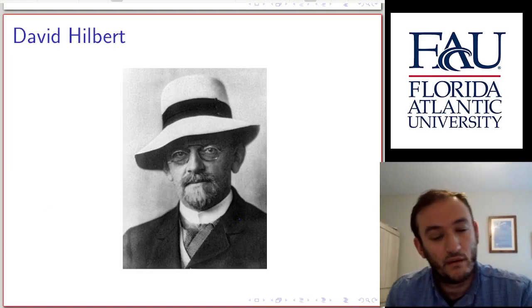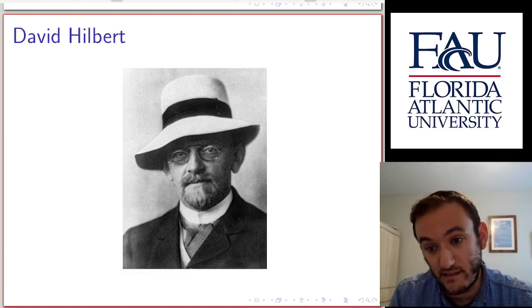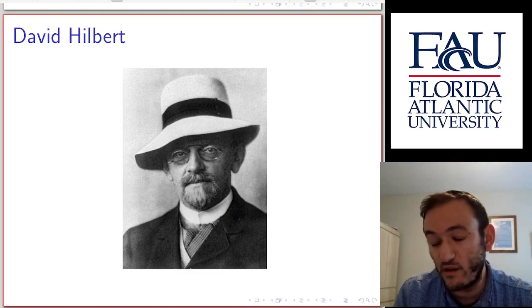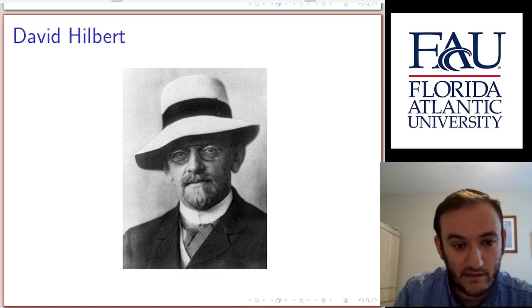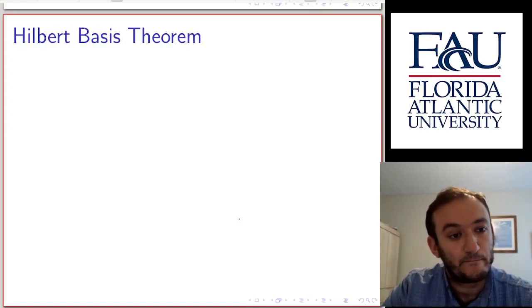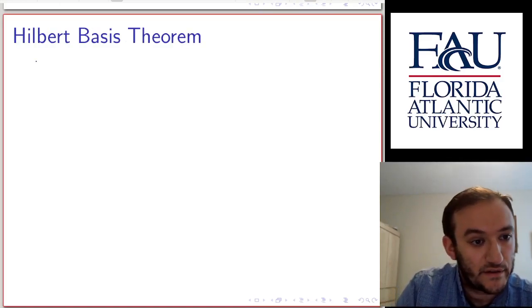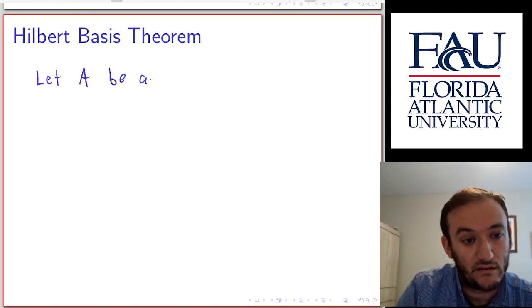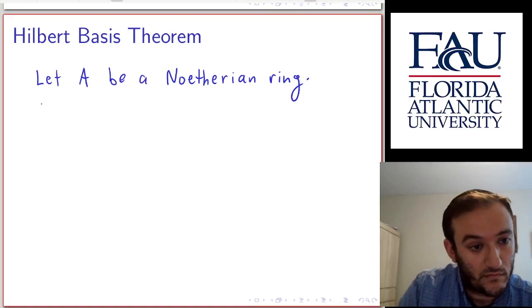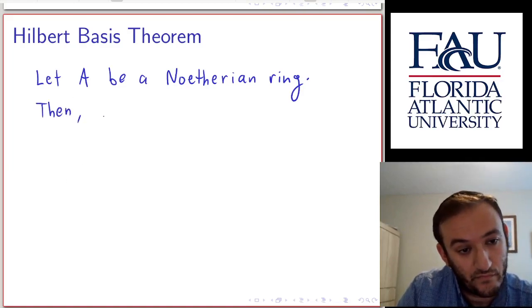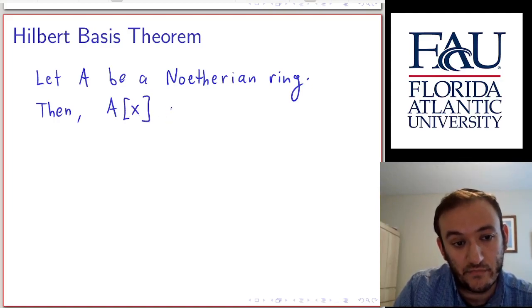Okay. And that brings us to the Hilbert Basis Theorem. And this is a major result about Noetherian rings, proved by David Hilbert, seen here with a nice hat. And it goes as follows. Let A be a Noetherian ring, then A adjoin X is also Noetherian.